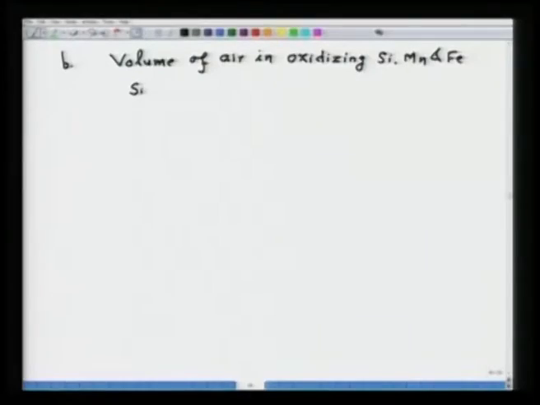Now, what are the reactions? Say silicon in pig iron reacts with oxygen gas and gives you SiO2 in slag.